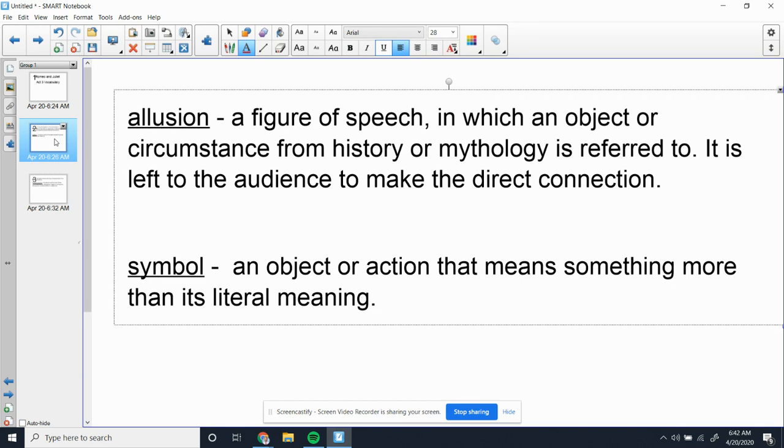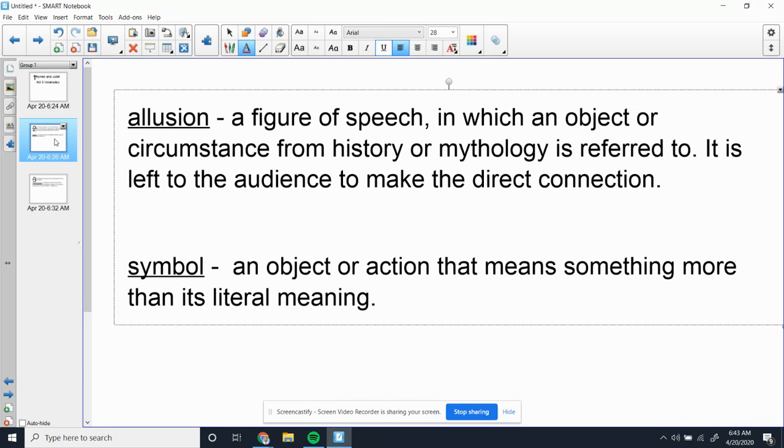We did talk about allusion earlier this year, when it was used during the Letter from a Birmingham Jail, and Dr. King referred to people from history like Martin Luther and Paul and other people when he was explaining people who've gone through a lot of stuff to get a job done. However, he talks about those people, but he doesn't give you any background knowledge. He just assumes you're going to know what happened to those people.